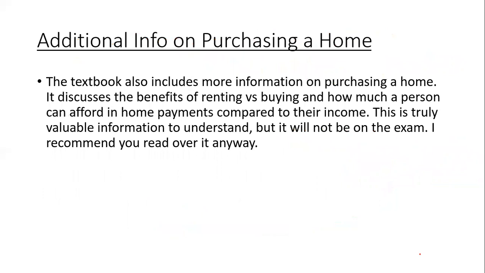They suggest that your house payment be no more than 28% of the total amount of income you have to spend every month, so that you have enough for everything else that you're going to need.